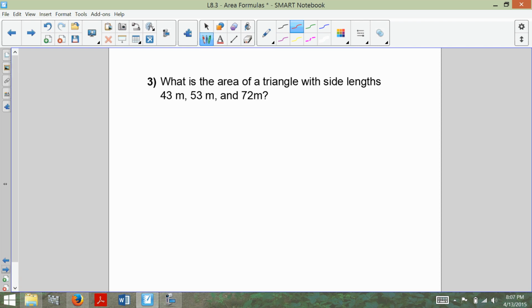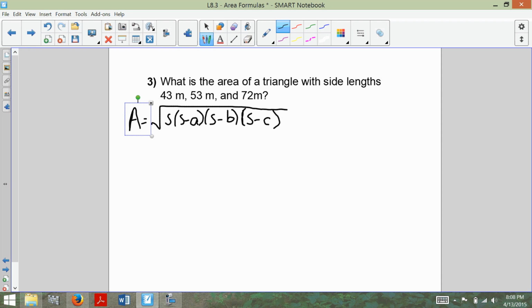So here's an example of how Heron's formula works. I know that the area, again, is the square root of s times s minus a times s minus b times s minus c.